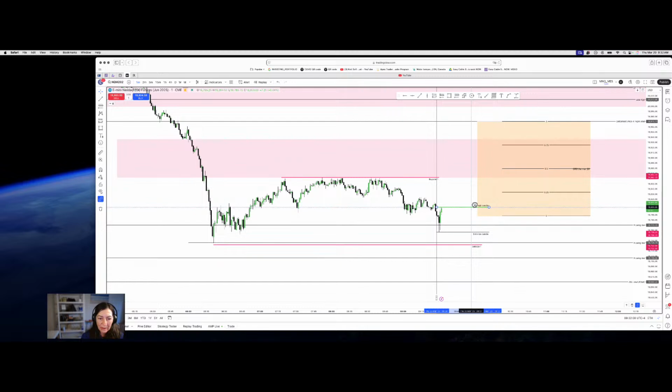And I just keep moving my line up because I want to find the high and the low of the first 5-minute range. Third candle here.